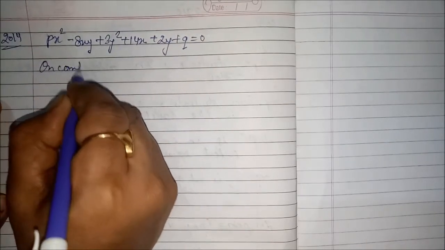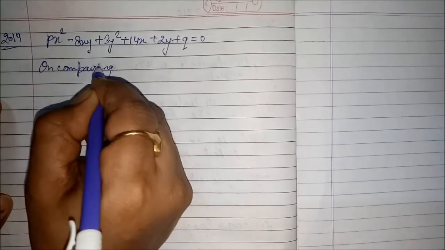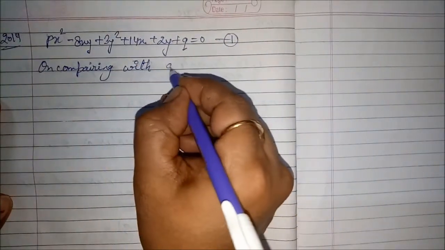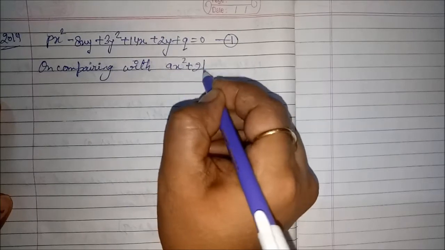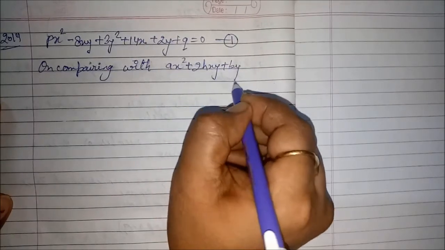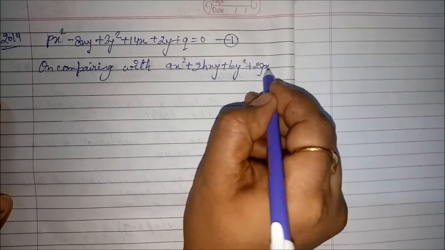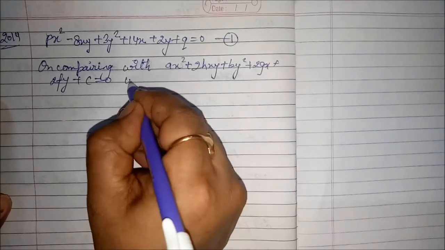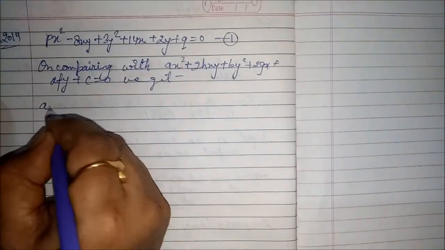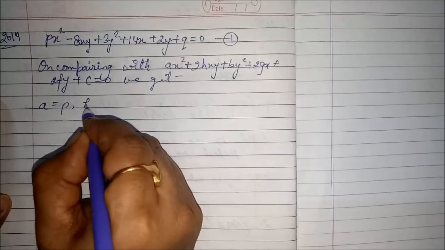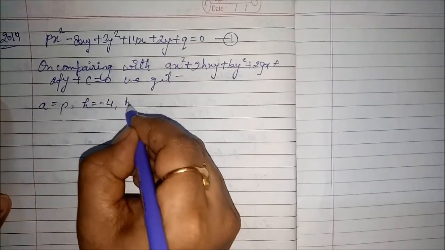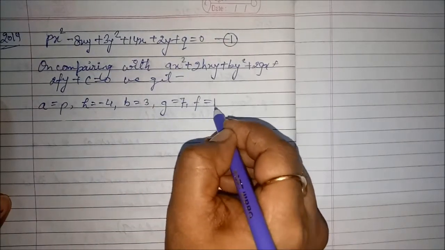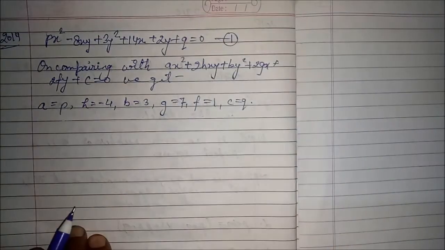On comparing this equation 1 with ax square plus 2hxy plus by square plus 2gx plus 2fy plus c equal to 0, we get the values a equals p, h equals minus 4, b equals 3, g equals 7, f equals 1 and c equals q.